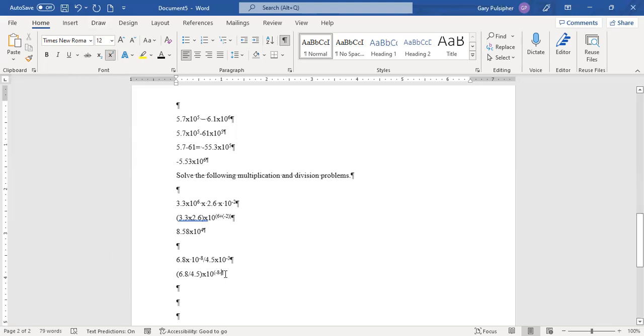When we divide, we subtract the exponents. Minus a minus 3. All right. So 6.8 divided by 4.5 is 1.51. Yes, if you do it on your calculator, it's 1.511 repeating. I'm just rounding it to that, times 10 to the minus 8 minus a minus 3. So minus a minus is a plus. So minus 8 plus 3 would be minus 5.